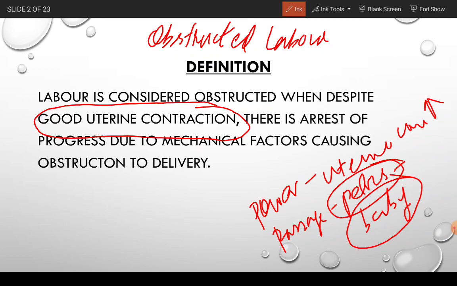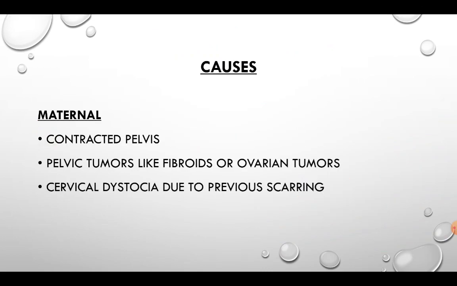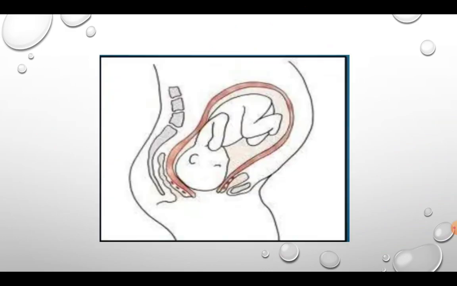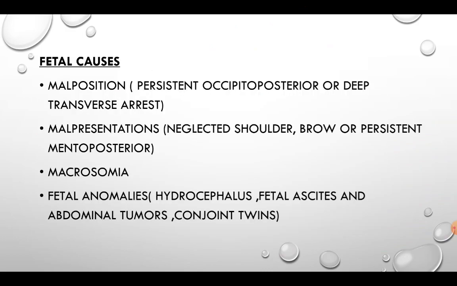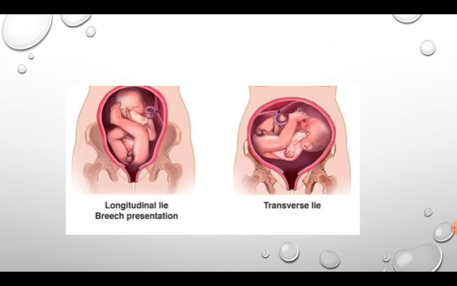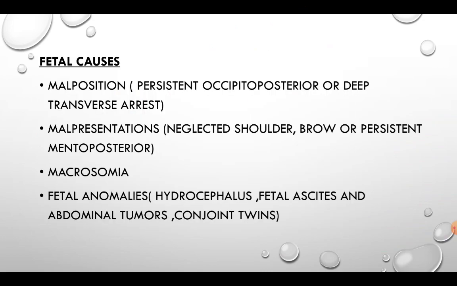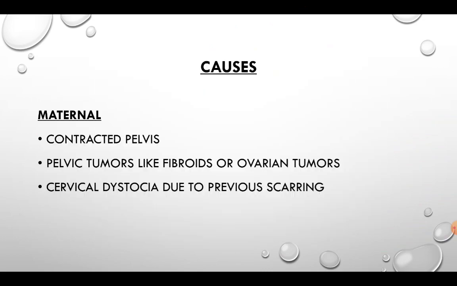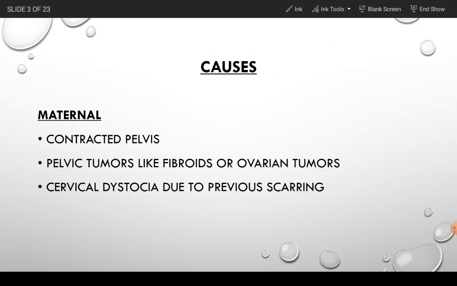It can be because of some mechanical factors. So the factors can be related to maternal cause, or it can be related to the fetus. So related to the maternal means it is related to the pelvis. So the pelvis can be small pelvis.